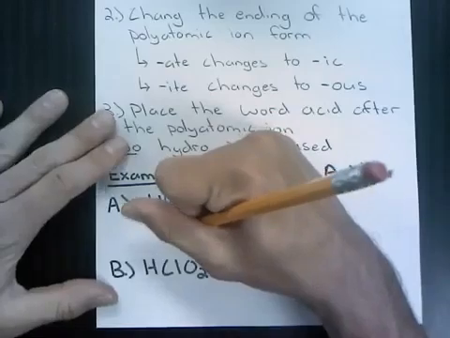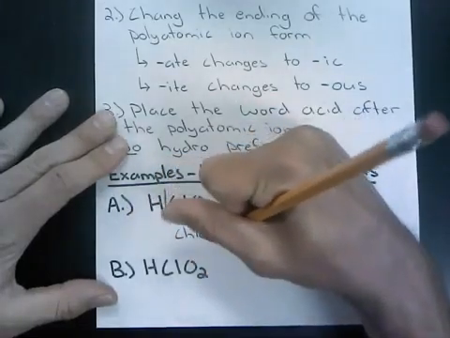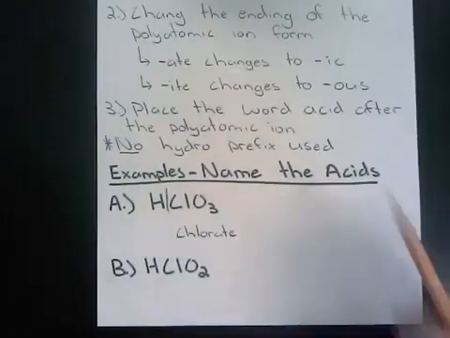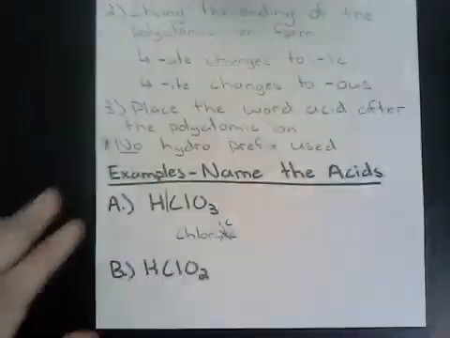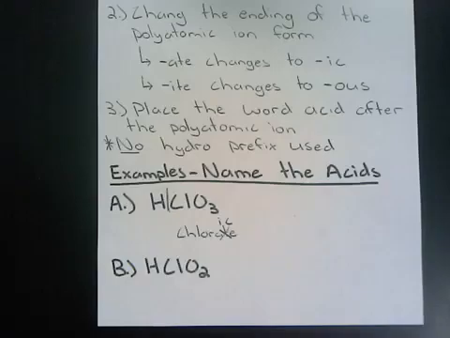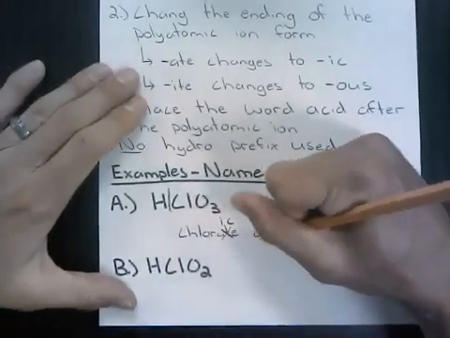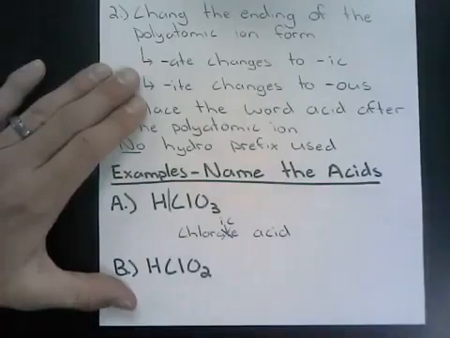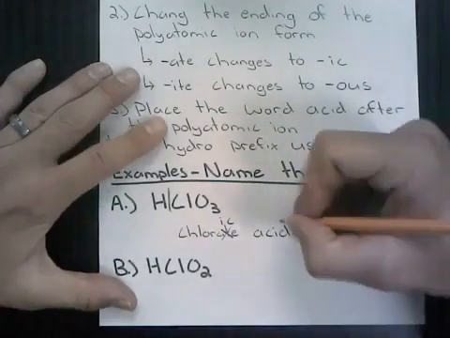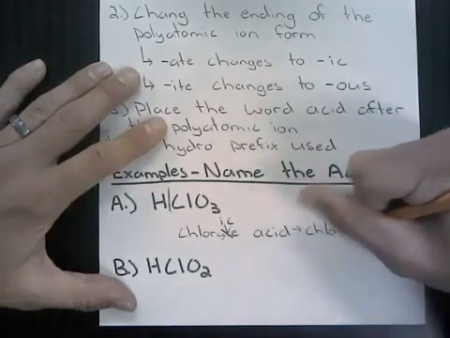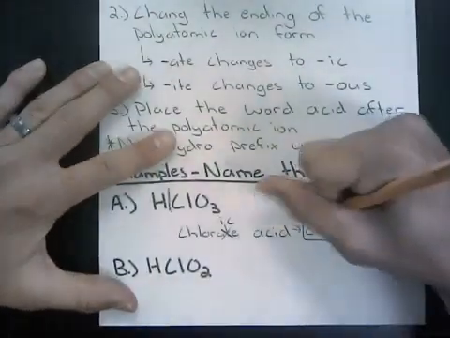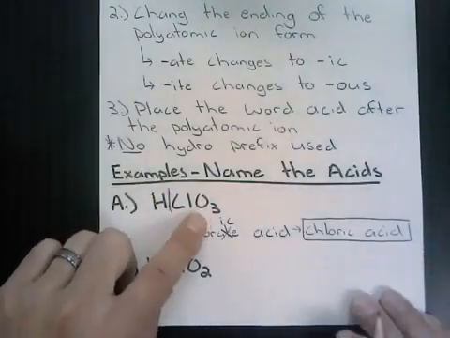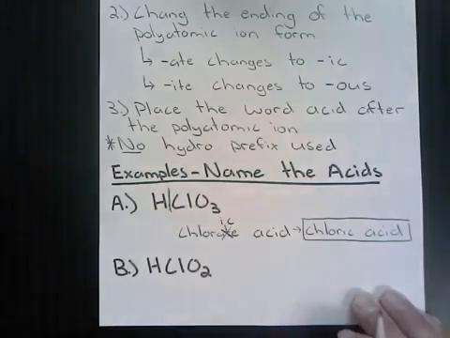So we go ahead and write that down, chlorate, and then we go to our rules. It says ATE ending changes to IC. So ATE, we cross that out, and this becomes not chlorate, but chloric. And then we need to add the word acid after the particular word. So we just tag that along with acid. And so when we rewrite this, HClO3 becomes just chloric acid. Again, notice how there is no hydro prefix, and that's because you have that polyatomic ion, or H, and a bunch of other elements attached with it.